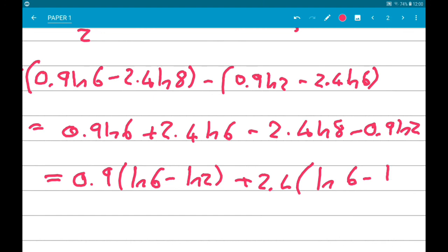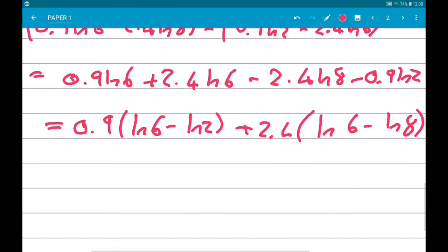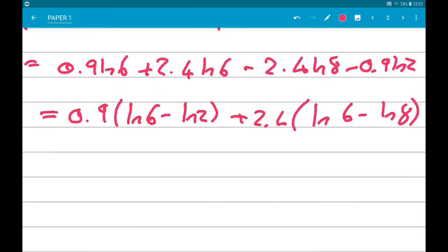Alright, it's gonna start to get nicer. So, log 6 minus log 2 is a log 3, because we do 6 divided by 2. So we have 0.9 log 3. And then we have 2.4 log of 6 over 8, which is 3/4.